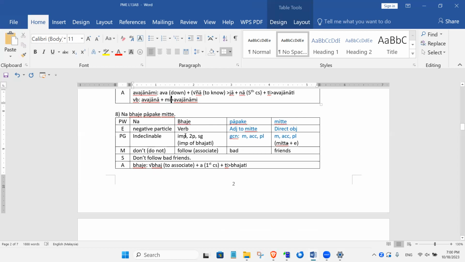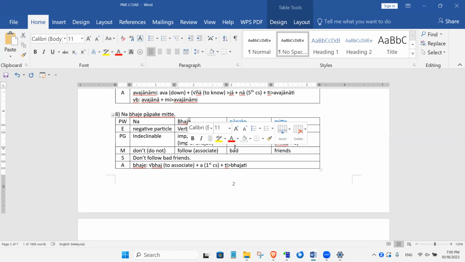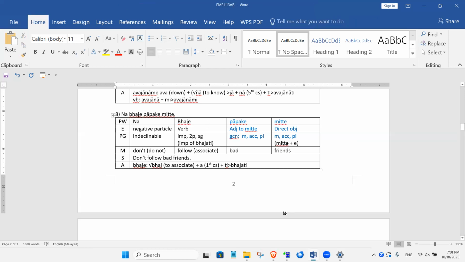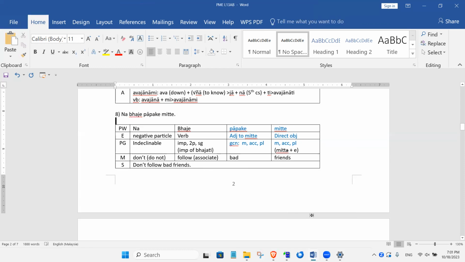Bhaje. So A. What do you think this A is, Sumita? Bhajaya. This bhajaya is imperative, the contracted form of bhajati. Bhajati. Yes. All right. Why is it A here? Because bhajaya is imperative second person. Second person is bhaja. Bhajaya, that means it's optative already.